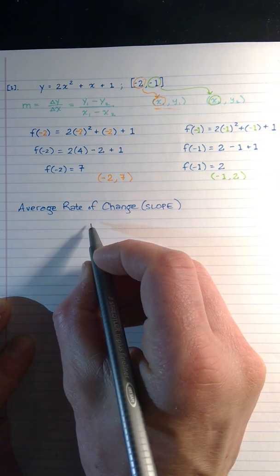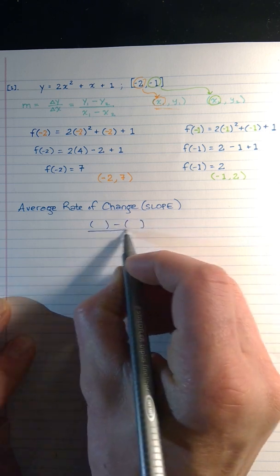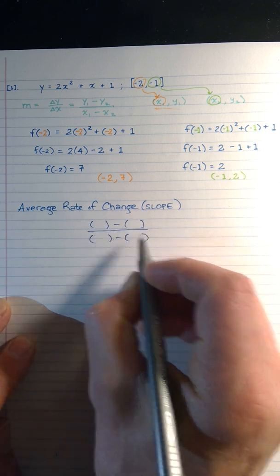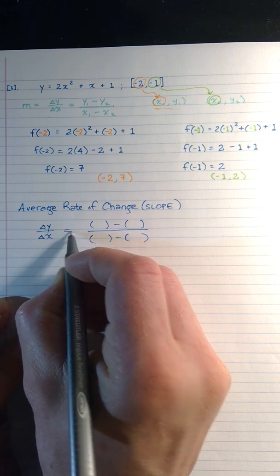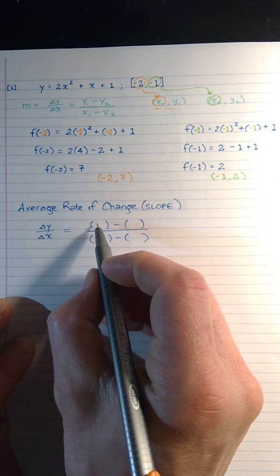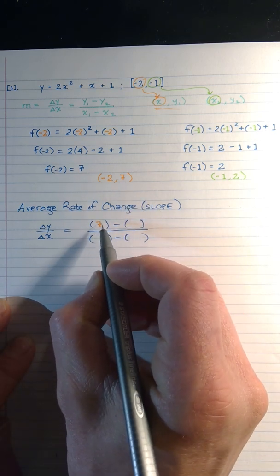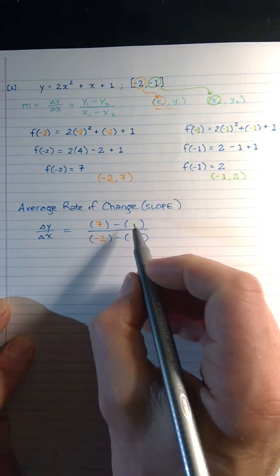So we're just going to write in, let's see. Remember, it's delta y over delta x, so change in y over change in x. I'm just choosing to do the orange point first. That's my y value, and there's the corresponding x value.